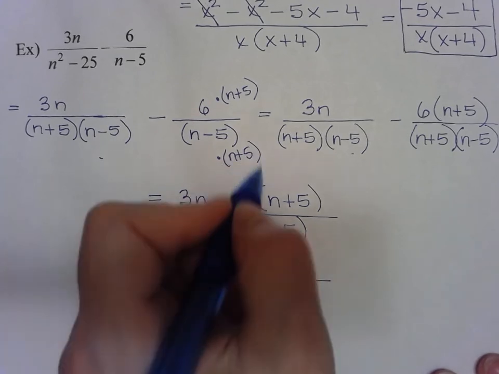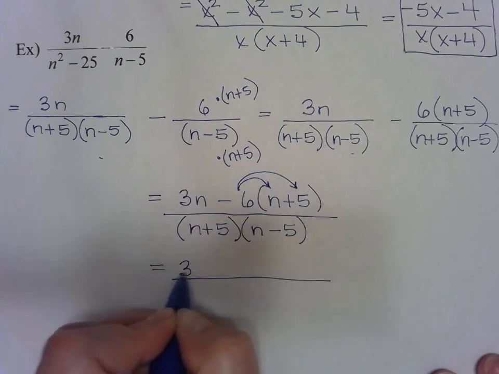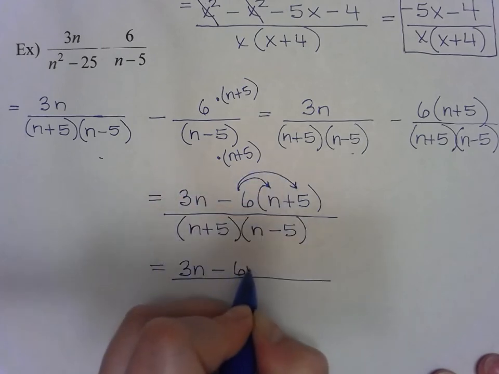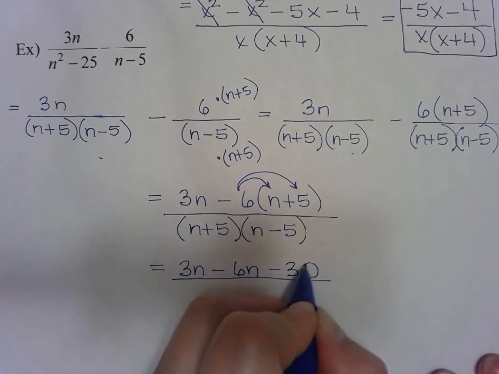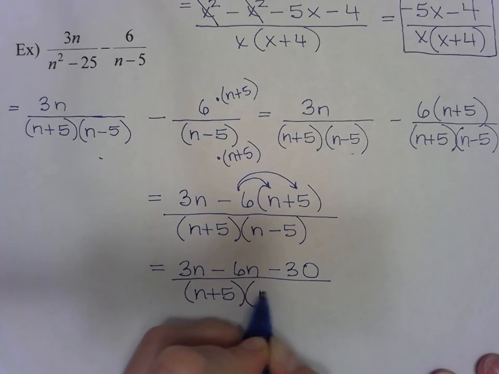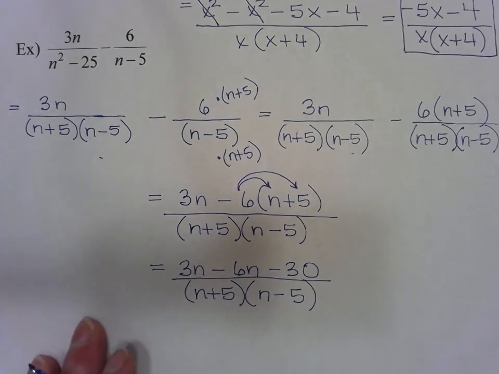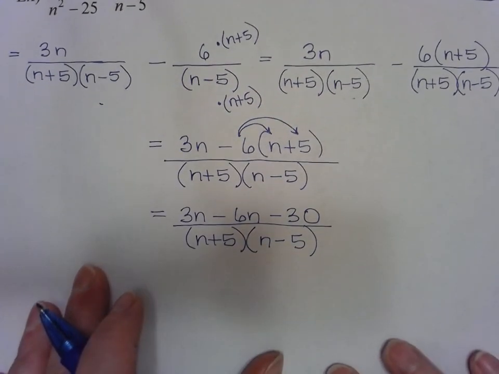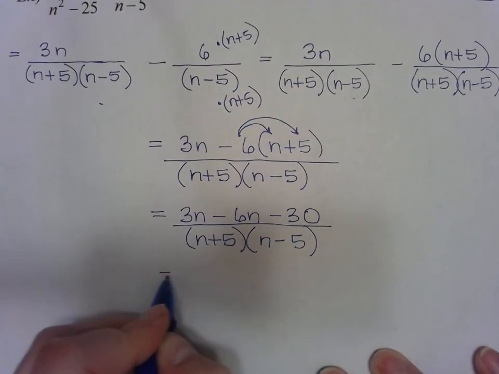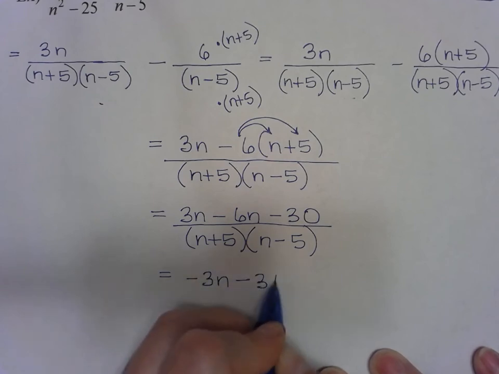So let's distribute our negative 6. Okay, so once we've done that, then we're going to have 3n minus 6n, so that'll be negative 3n minus 30.